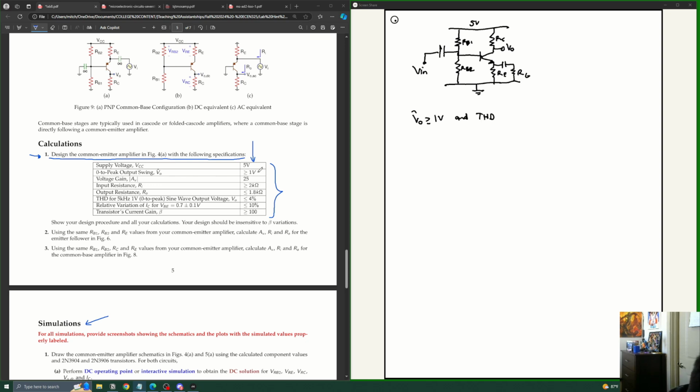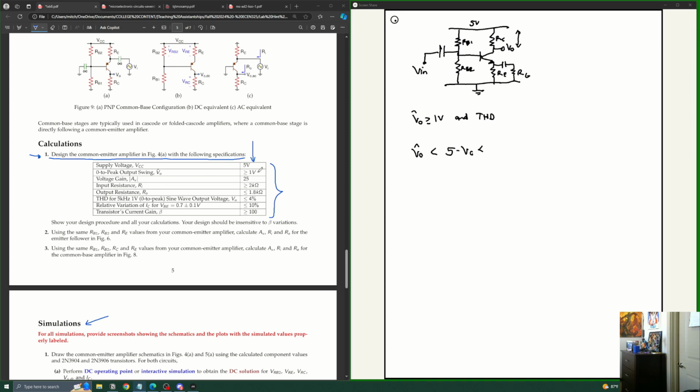The main deal is the location where we position our output voltage. We need to make sure that the output swing does not hit the power rails and doesn't put the transistor in saturation. So the difference across RC, 5 minus whatever the voltage is at C, has to be greater than the voltage swing that I want, such that it doesn't clip at the power supply.